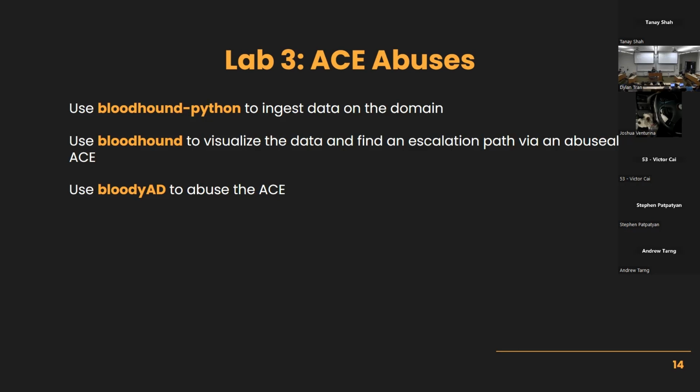Once we actually find the path to abuse, we can use a tool called BloodyAD to just use the ACE, essentially. So that's going to be this lab. I'm going to give you guys till 5:17 to try to figure this out, and then I'll go over the solution.